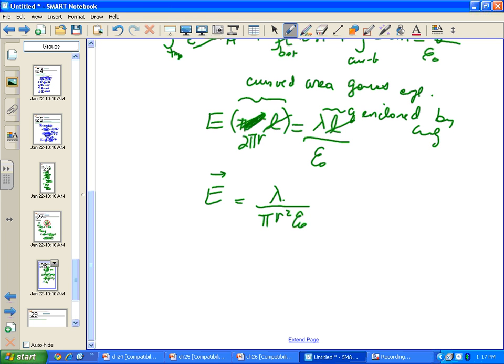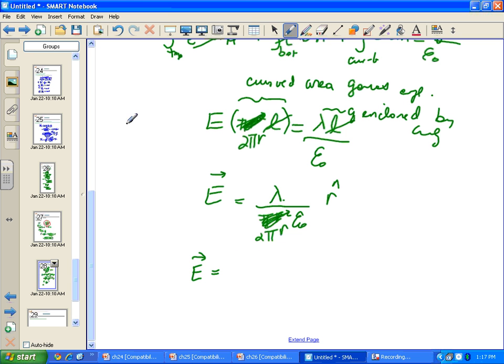Oh, common mistake that we don't want to make, and that is the expression for finding the area of the curved surface. So let me go ahead and get rid of that. 2 pi r. The L's still cancel, so it's lambda over 2 pi r epsilon naught in the radial direction. It'll be radially inward. And let's go ahead and plug in our numbers.